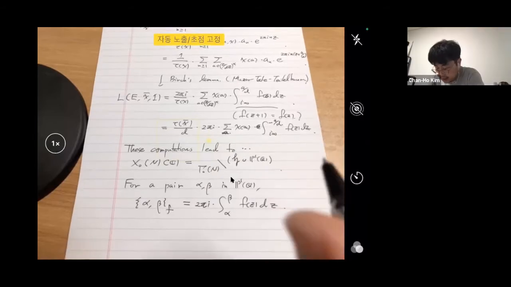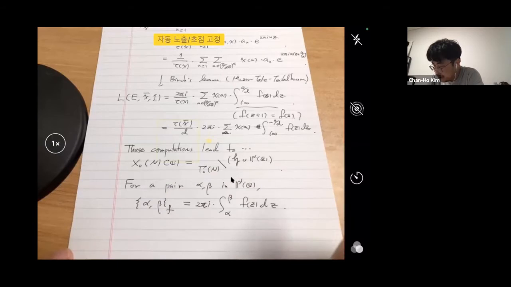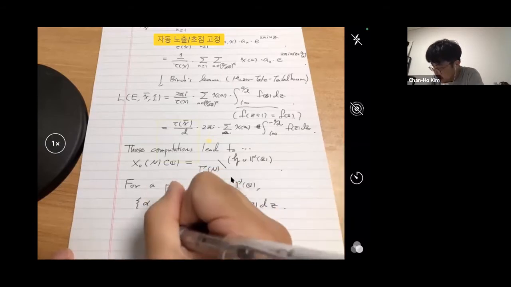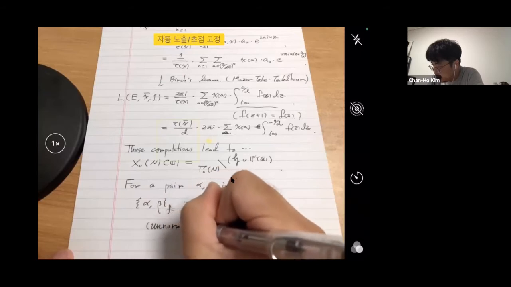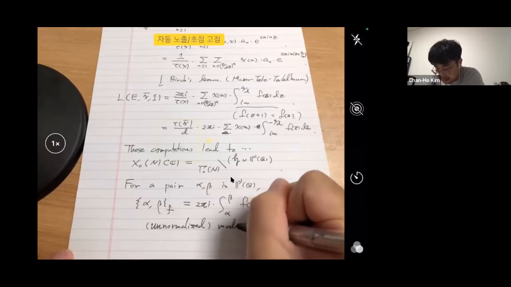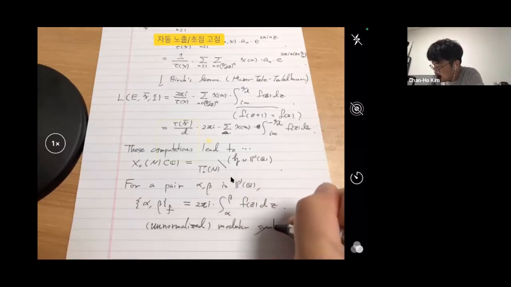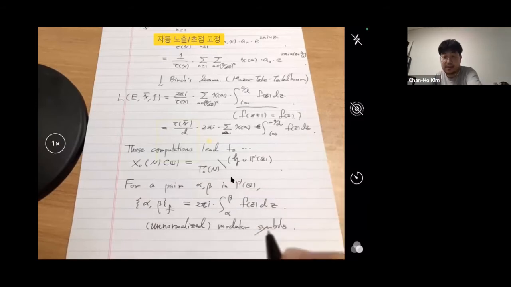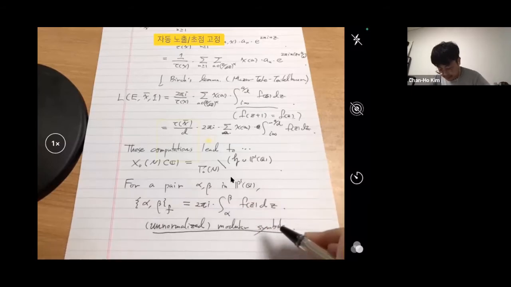Okay, this is the so-called modular symbols, but without any normalization. So I would write unnormalized modular symbols. This is a notion of modular symbol for the first time.